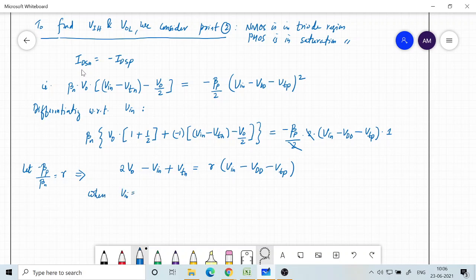So now I can substitute when Vin is basically, this is point 2, so where Vin is basically VIH, that's the time we define Vout as VOL.